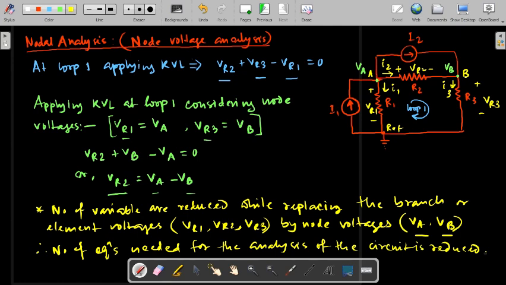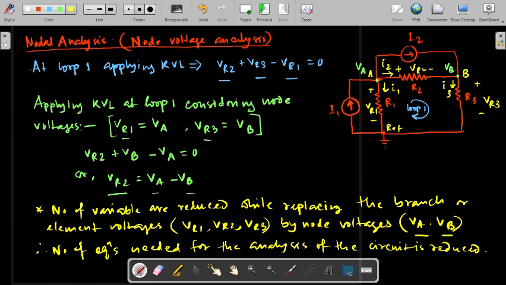So is it clear now, the context of nodal analysis? I think that is clear now. If you have any confusion, then please tell me. Now I am going to the next topic, the procedure for applying nodal analysis for a particular circuit.